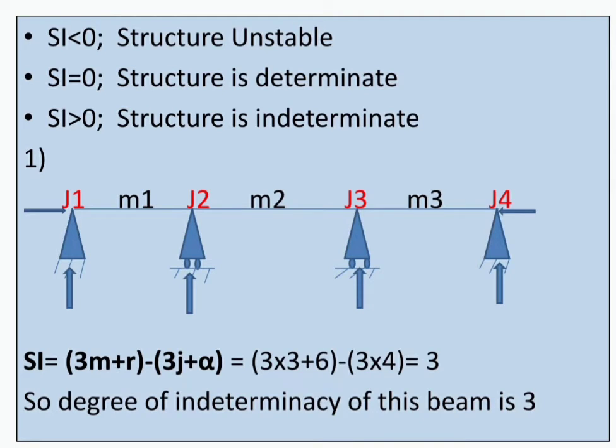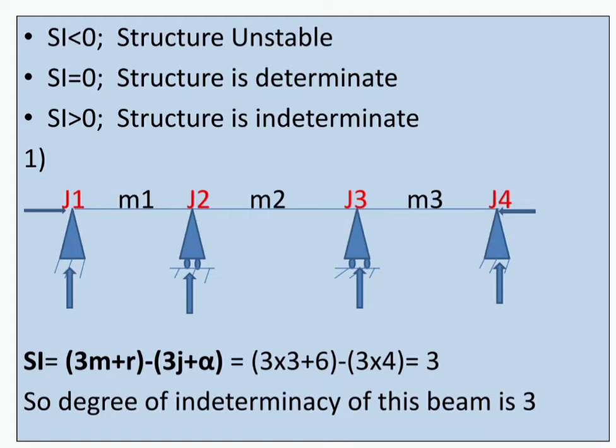Today we will see 2 examples regarding static indeterminacy. In the first example, we can see there is a continuous beam with 4 supports, out of which 2 are hinge supports and 2 are roller supports, and there are 3 members and 4 joints. For a hinge support there are 2 reactions, and for a roller support there is only 1 reaction.